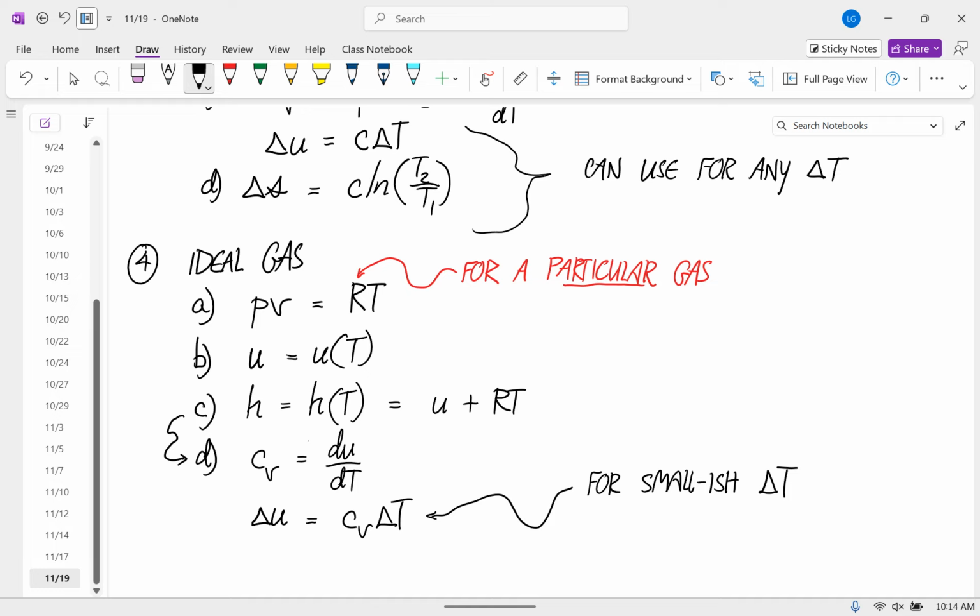So if you wanted to do it accurately for a big temperature range, you'd need to get that function Cv or Cp as a function of temperature. Yes? The specific volume changes when it's an ideal gas, and that's why the specific heat gets less accurate for an ideal gas. Let's see.